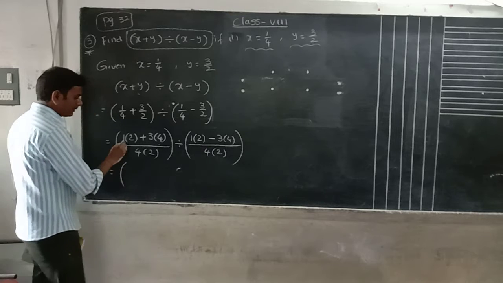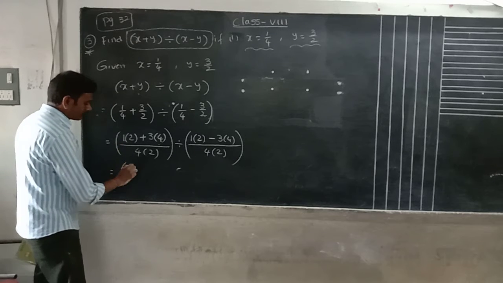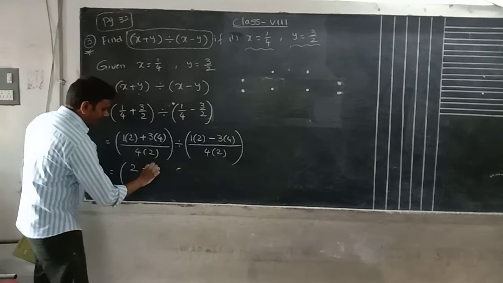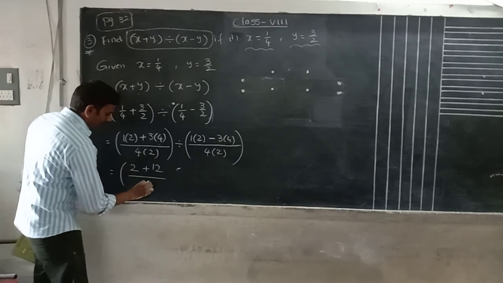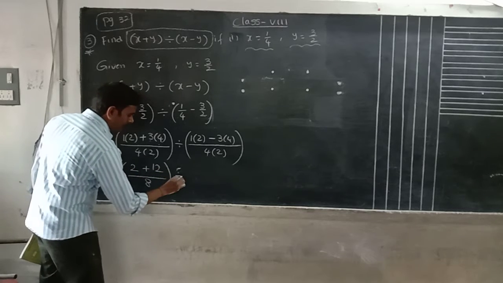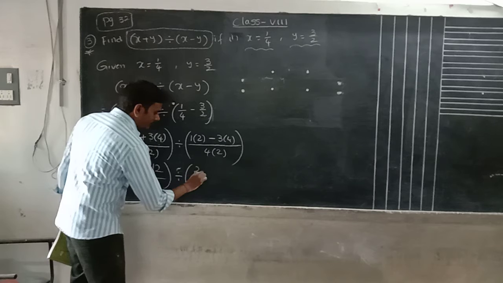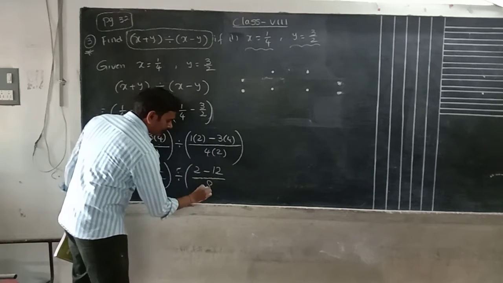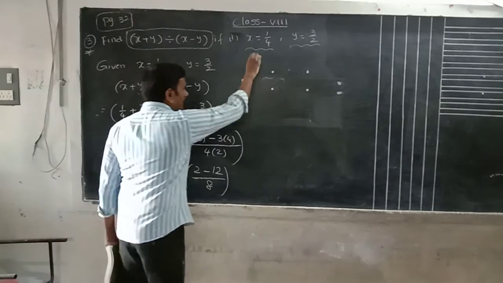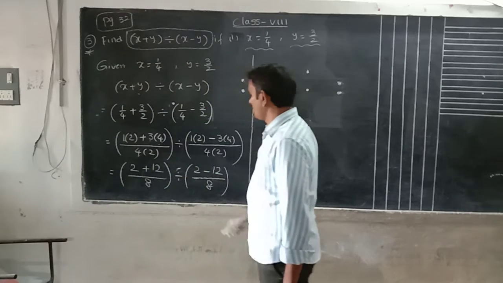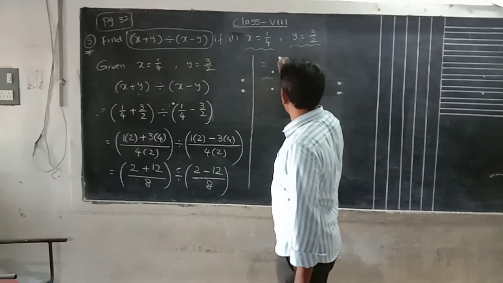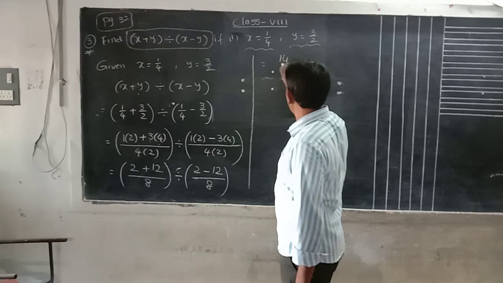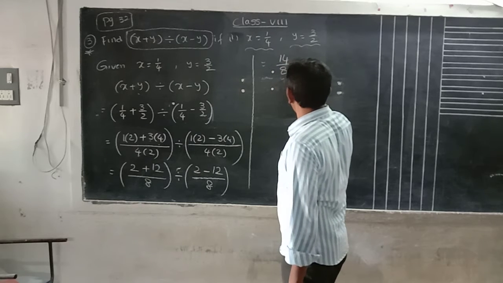Now simplify this. 2 into 1 is 2, 3 into 4 is 12, 4 into 2 is 8, divided by 2 into 2, 3 into 4 is 12, 4 into 2 is 8. Now simplify: 12 plus 2 is 14, so 14 by 8 divided by.